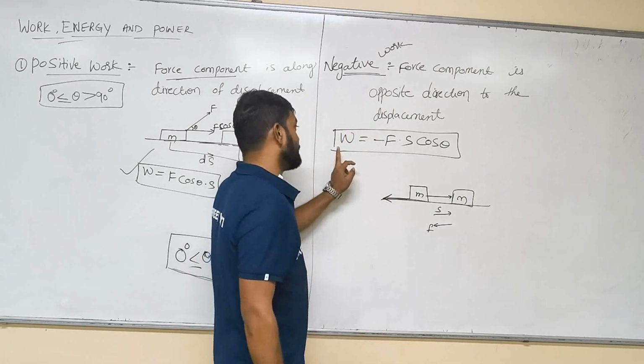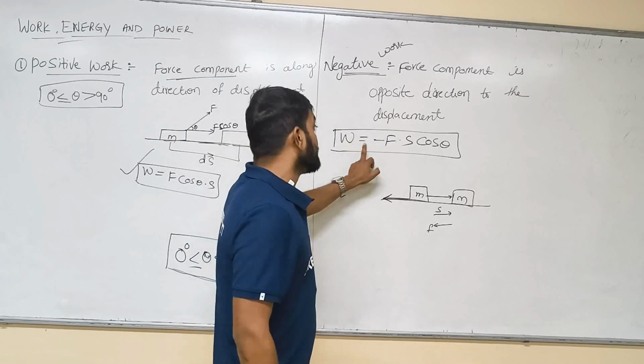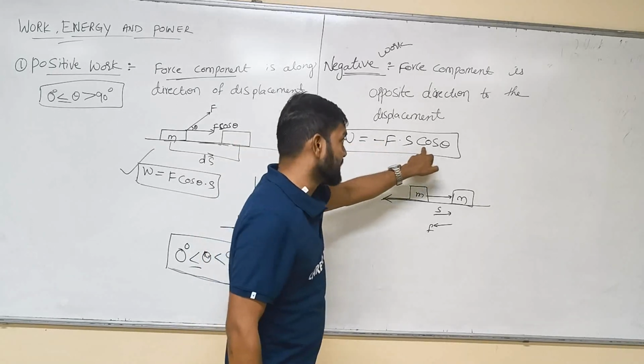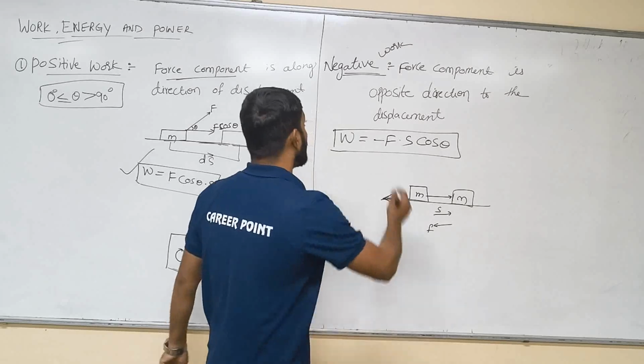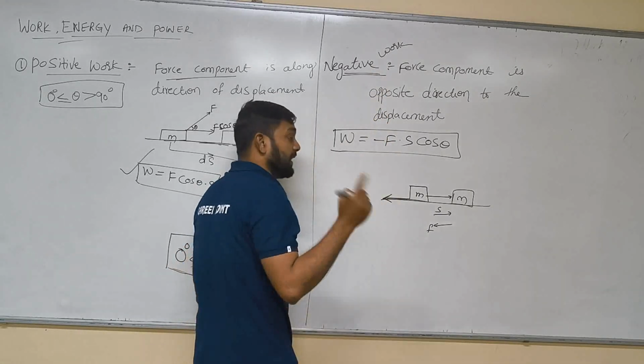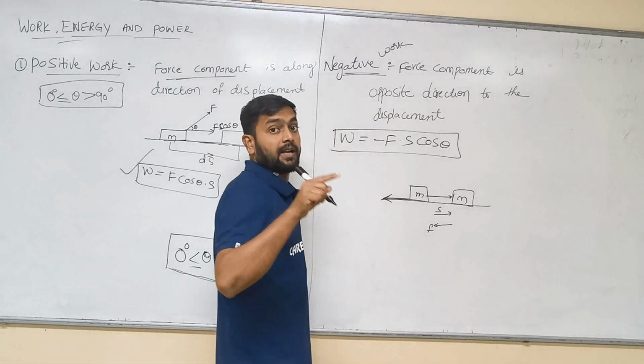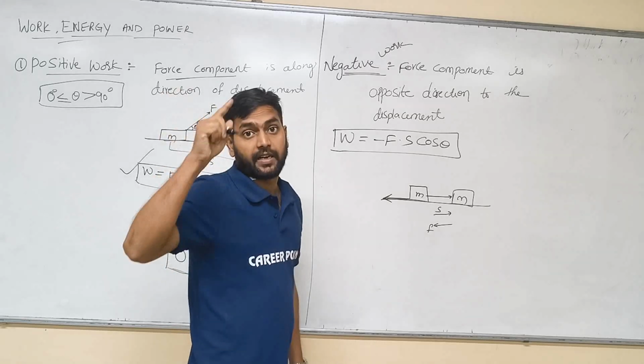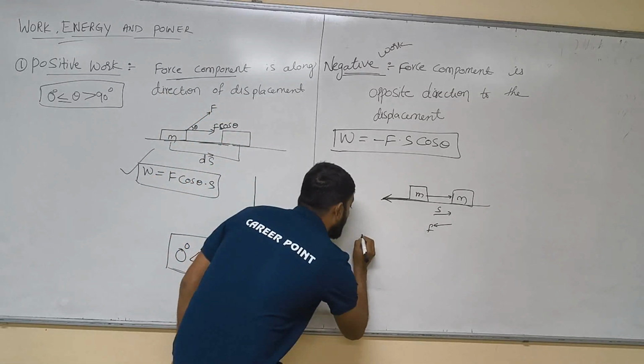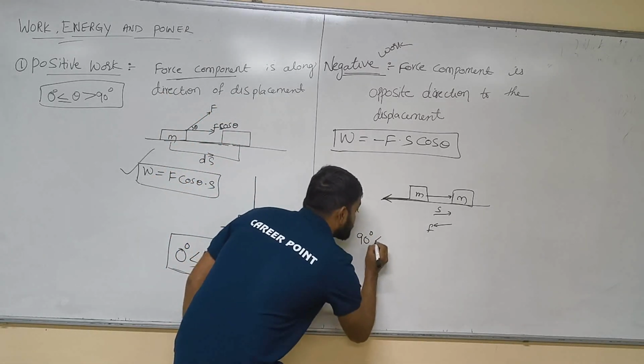So dW, the work done, is equal to minus Fs cos theta. For negative work the angle is between 90 degrees and 180 degrees.